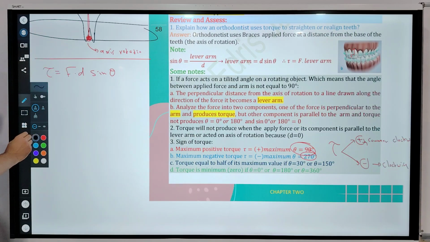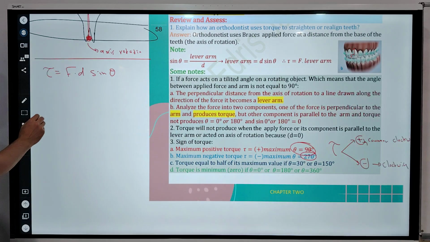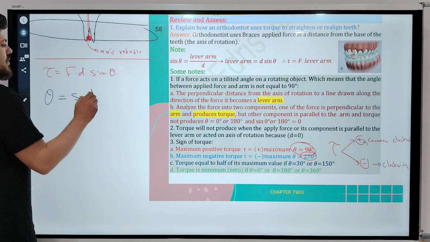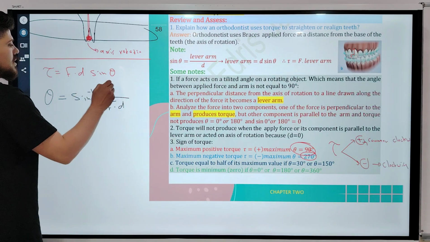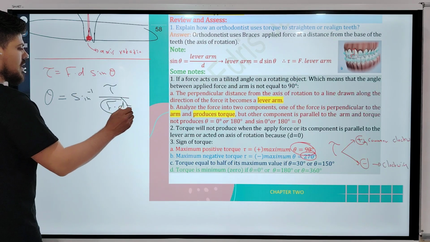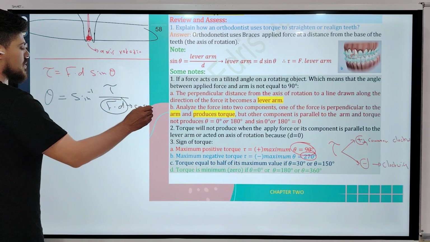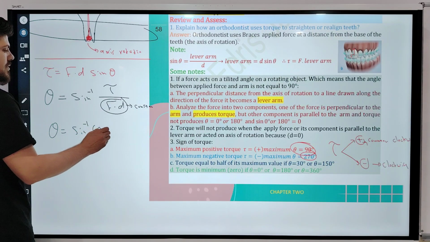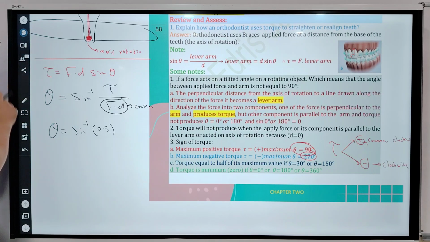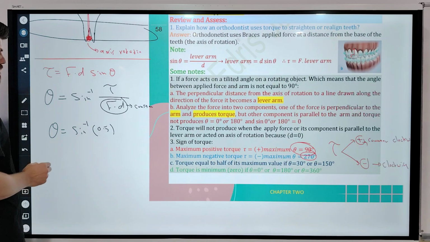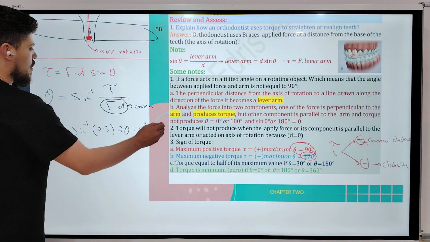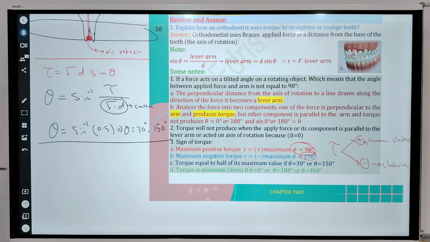So to find theta, theta is equal to sine inverse of torque over Fd, if force and d are constant. When the torque becomes half of its maximum value, theta is sine inverse of half, or 1 over 2. Which angle is equal to sine inverse of 0.5? When theta is 30 or 150.